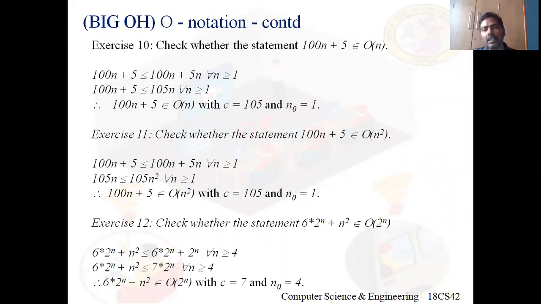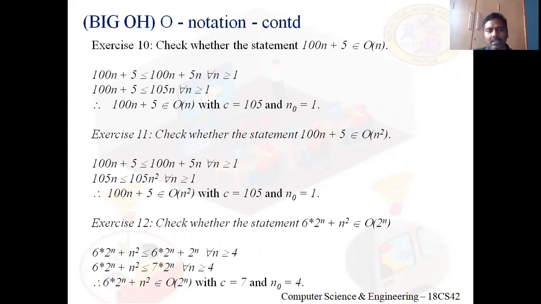And what is G of n in this case? It's just n, which is also linear. So the LHS is linear, with a growth rate less than or equal to that of n, so it belongs. But the point here is that I need to determine C and n naught, where n naught is a non-negative integer.